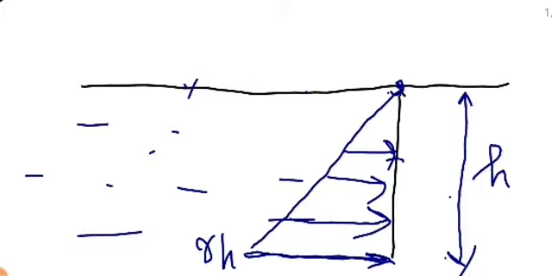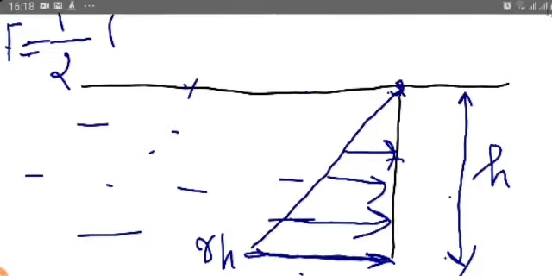So to calculate the total force acting on the plane, we just have to take the area of that. So it is nothing but the force: the total hydrostatic force acting on the vertical plane immersed under fluid is half.